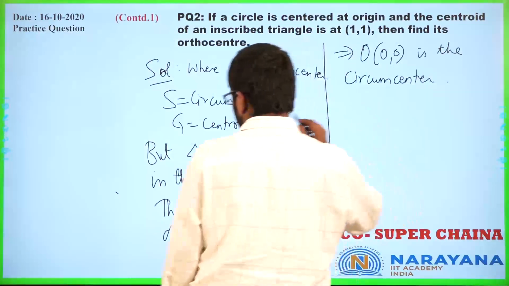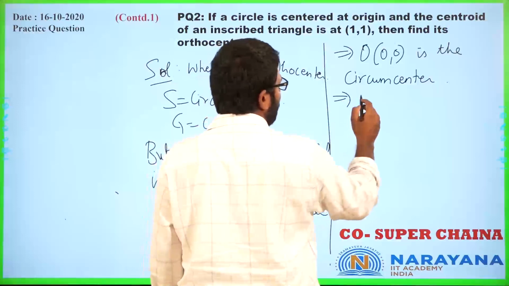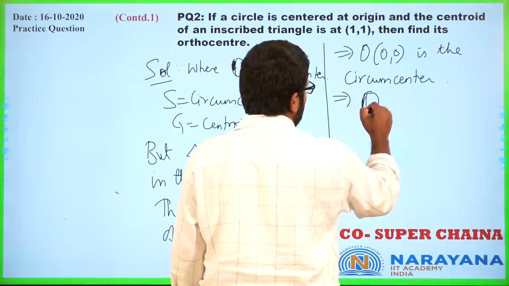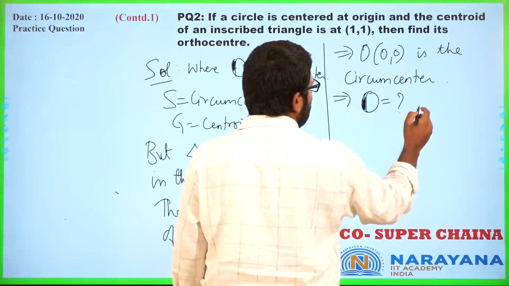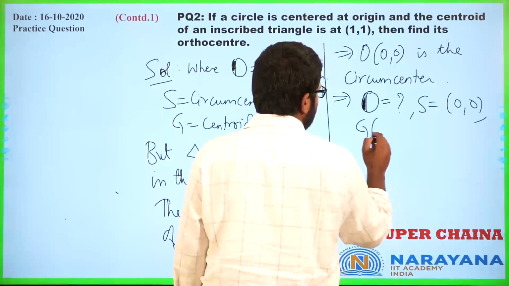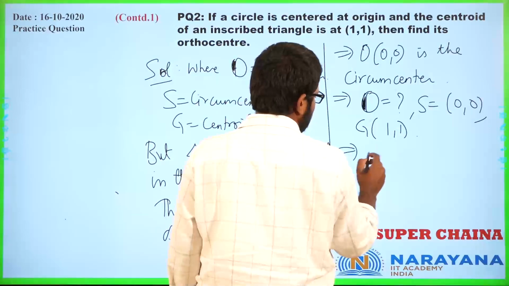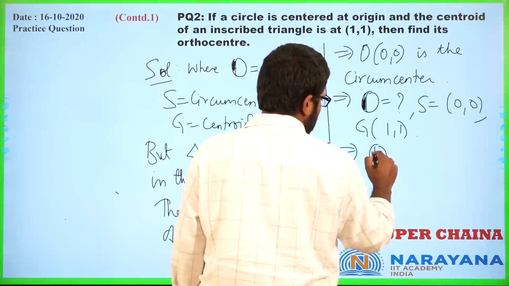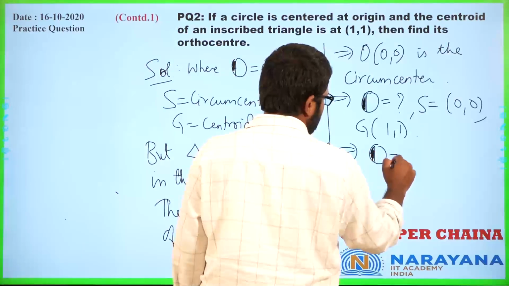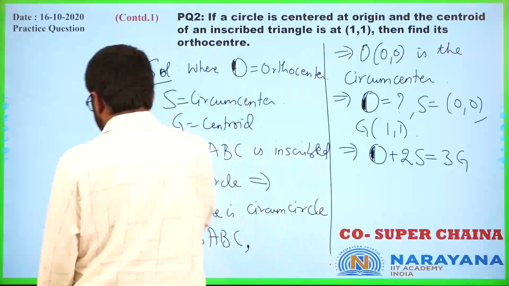So substitute. Once again, the orthocenter is unknown, S is 0, 0, G is 1, 1, right? Which means O plus 2S equal to 3G.